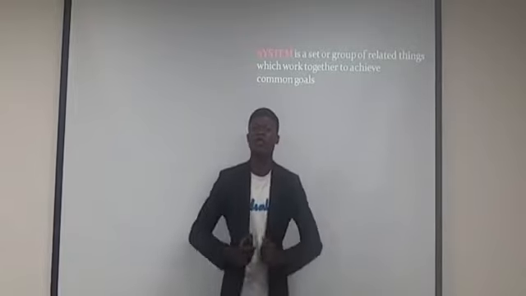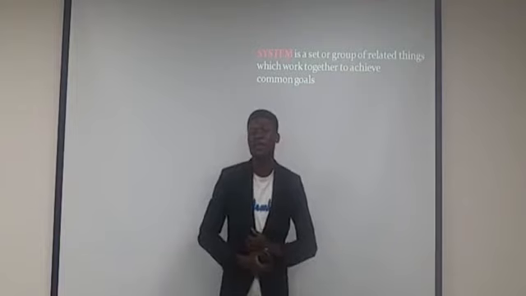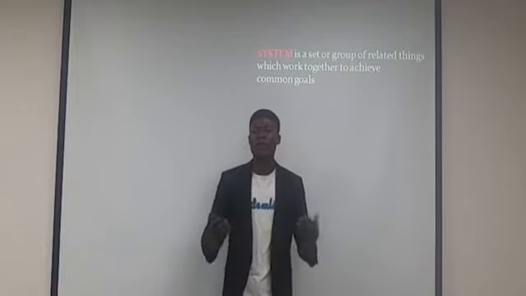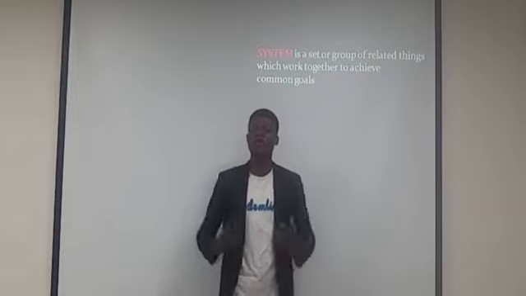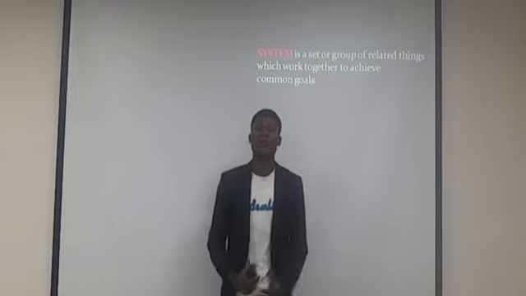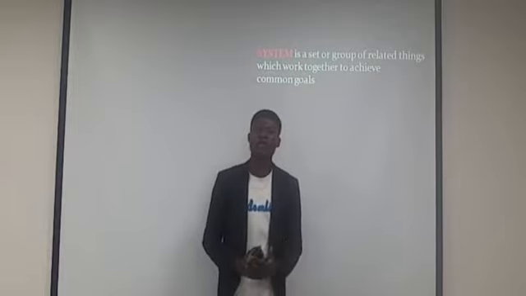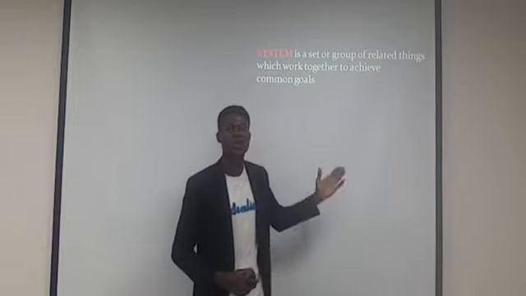For instance, the human body, we can take it as a good example of a system. The hands are there, the head is there, your legs, and every of this part of your body form your body system, and you need all of them to work together before you can achieve certain goals, alright? So that is what the word system means.